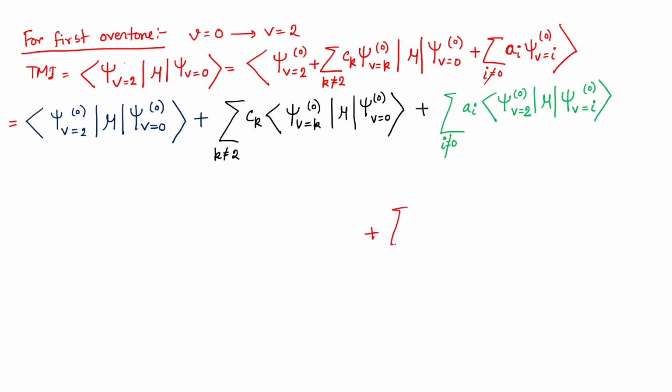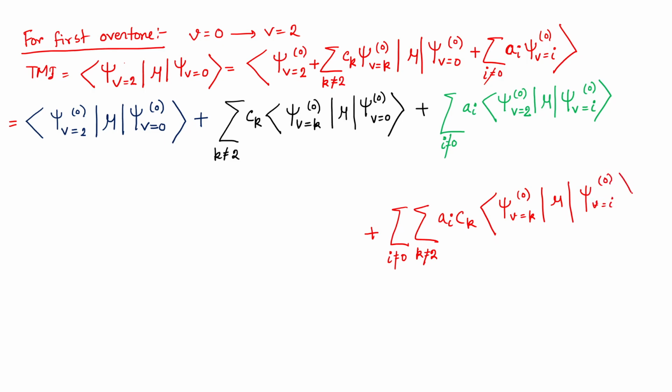That is, i not equal to 0, k not equal to 2, ai ck, psi v equals k zeroth, mu, psi v equals i zeroth. Now let us discuss what the fate of this is going to be. If you see, this is going to be 0. Why?